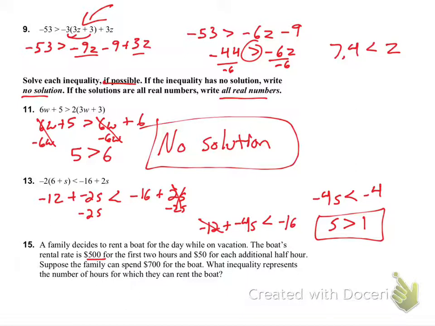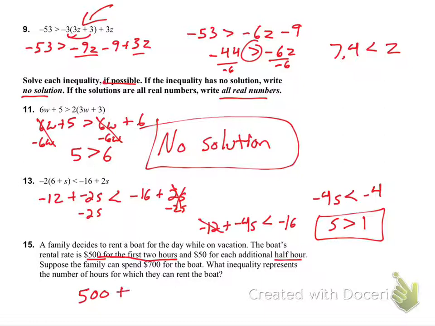So this says $50 for each additional half hour. Let's just start with the $500 for the first 2 hours, which is just $500.